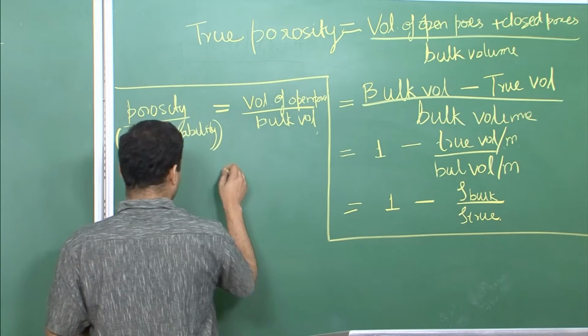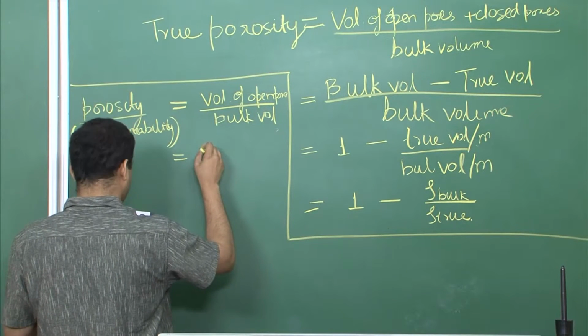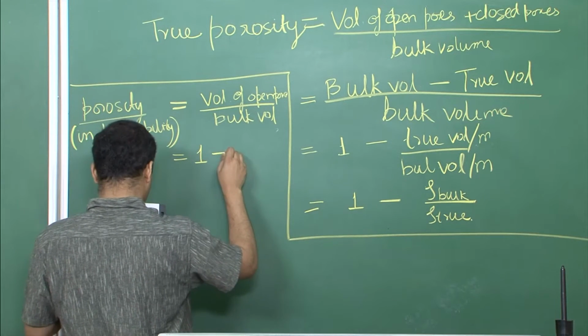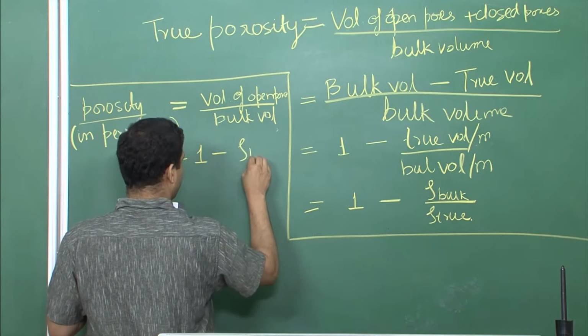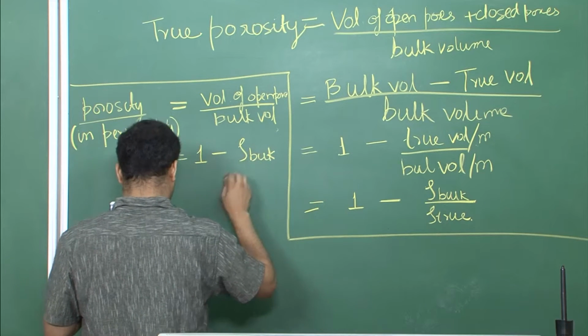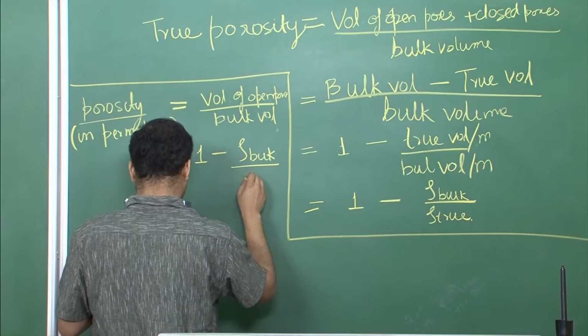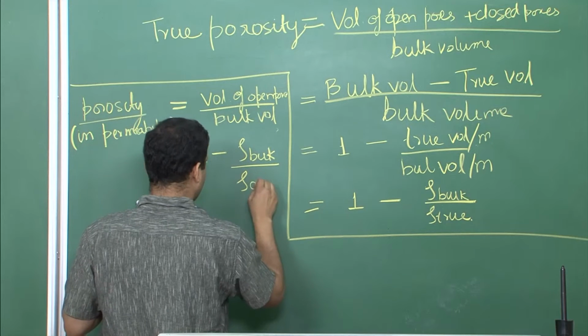If you rearrange it, you can see that it becomes 1 minus rho bulk by what is called rho apparent.